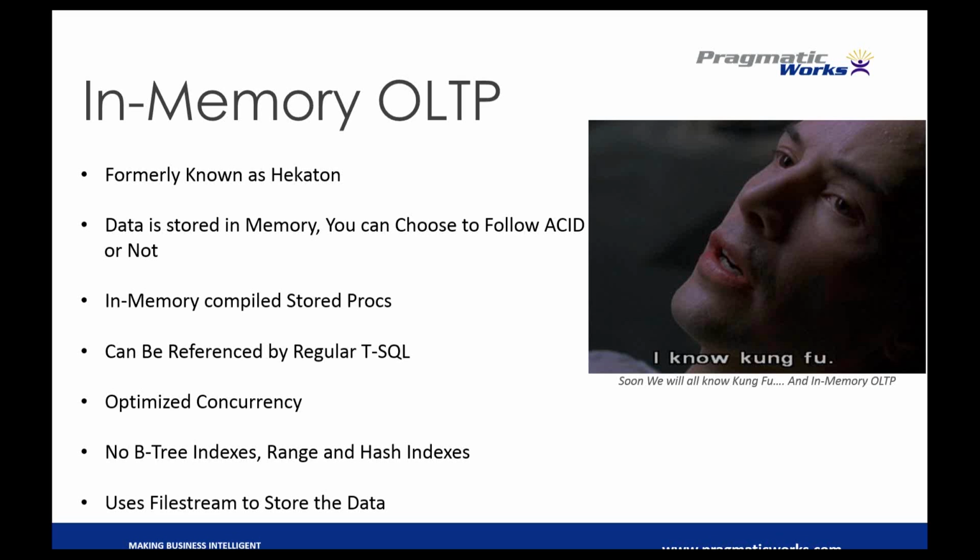That's very exciting. We've also got in-memory compiled stored procedures, also called natively compiled stored procedures. Natively compiled stored procedures get compiled down to machine code, so there's less work to get these procedures to execute. They are very efficient when it comes to CPU.